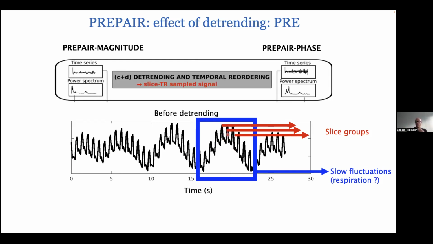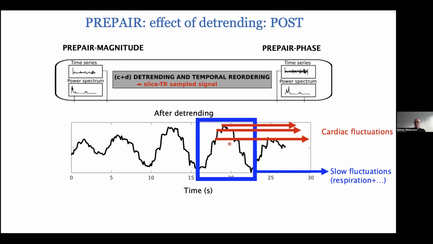We can get rid of this by removing slice means and detrending each slice separately with a second order polynomial. And if we do that, we remove these slice position dependent effects, and we end up seeing something of the cardiac fluctuations on top of the respiratory fluctuations.